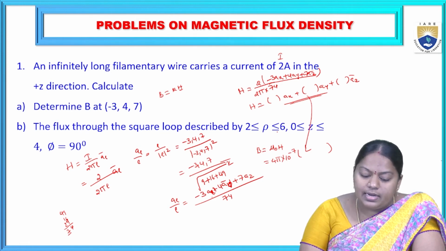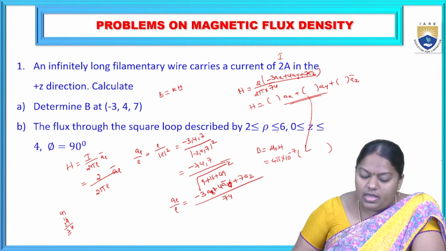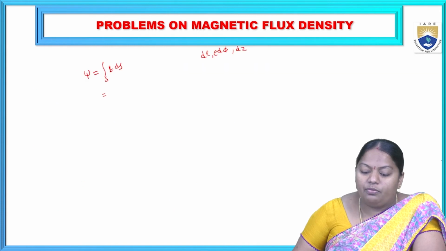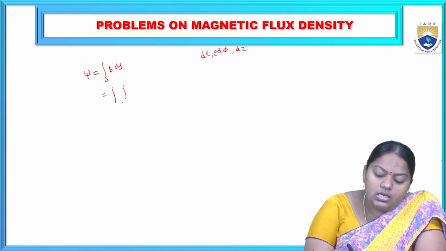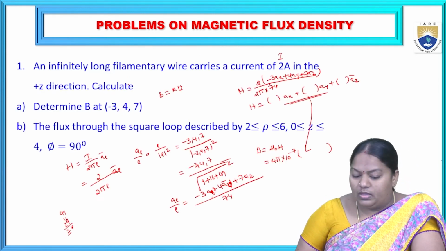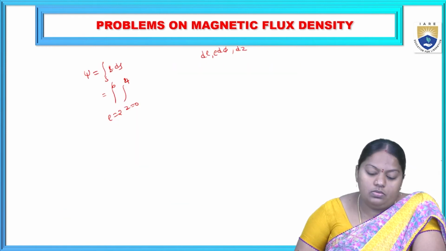Here z and rho values vary. So rho is 2 to 6, z is 0 to 4. So the integral is rho equal to 2 to 6 and z equal to 0 to 4.